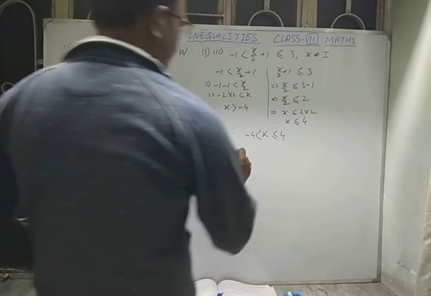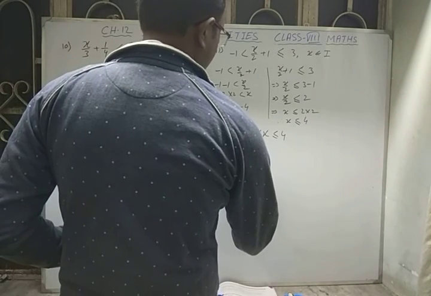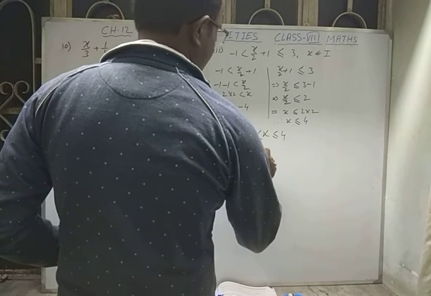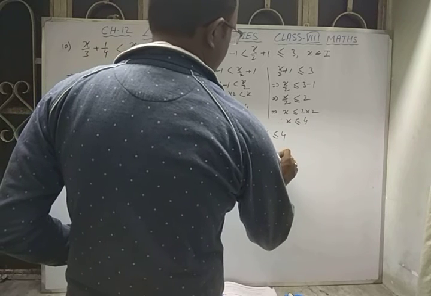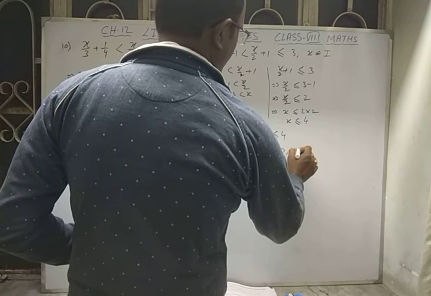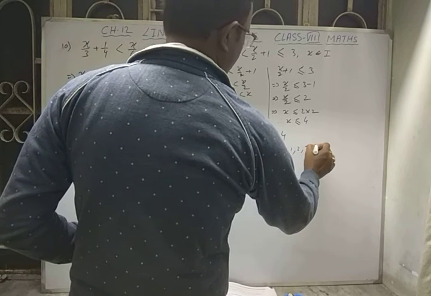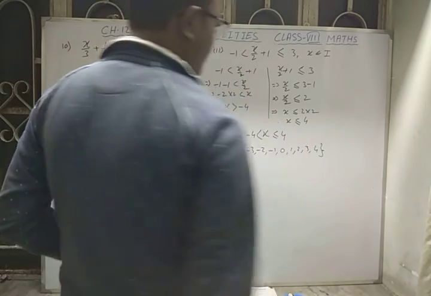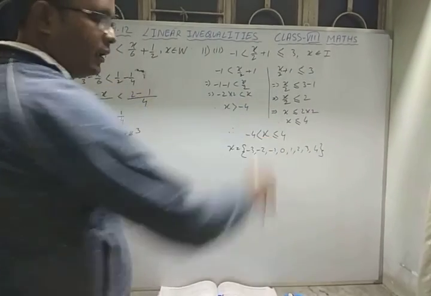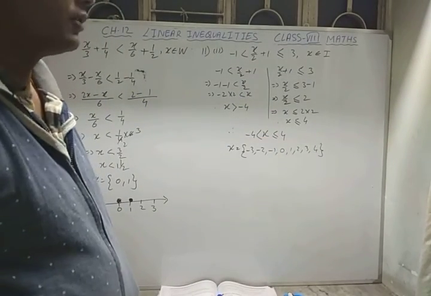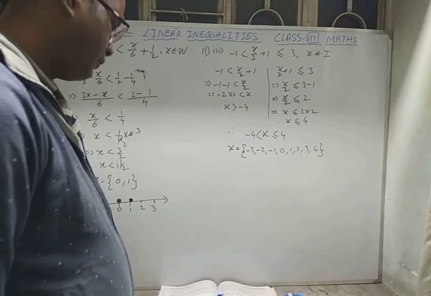So what will be the solution set of x? The solution set of x will be -3, -2, -1, 0, 1, 2, 3 and 4 also. Why have I taken 4? Because you can see the less than or equal to sign is there, so we have to take the 4 also.